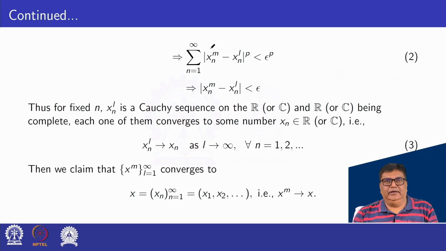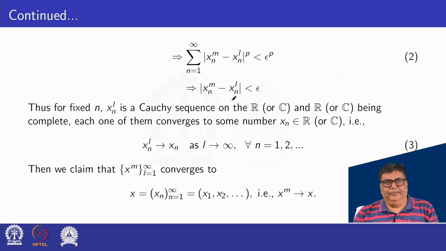It has infinitely many terms, so the sum of the infinite terms is less than epsilon^p. It means that individually, |xmn minus xln|^p is less than epsilon^p.